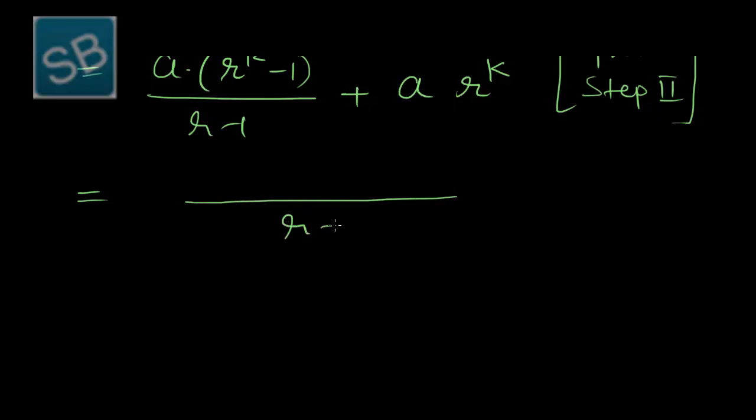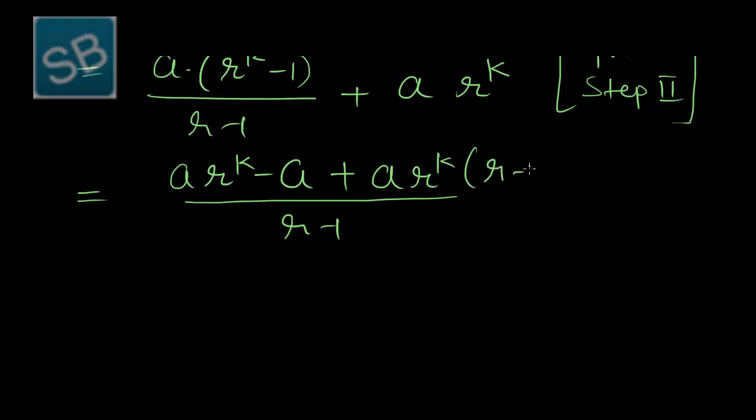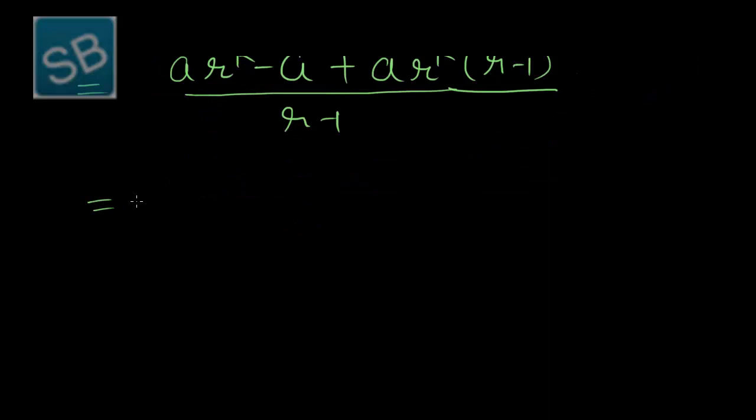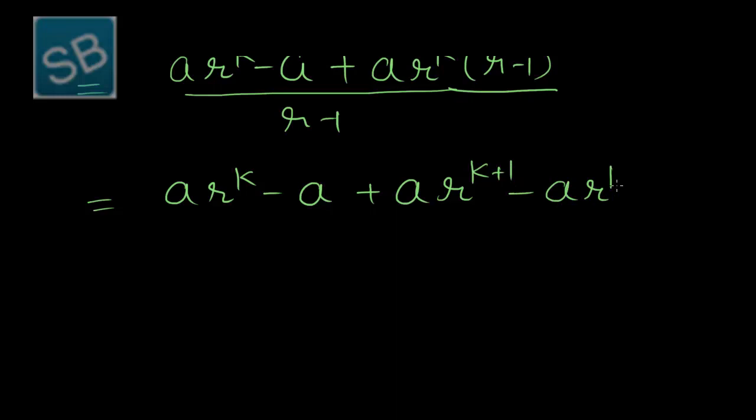So we will take the LCM r minus 1 and open the bracket. A into r raised to power k minus a plus a into r raised to power k into r minus 1. And we will get a into r raised to power k minus a plus a into r raised to power k plus 1 minus a into r raised to power k over r minus 1.